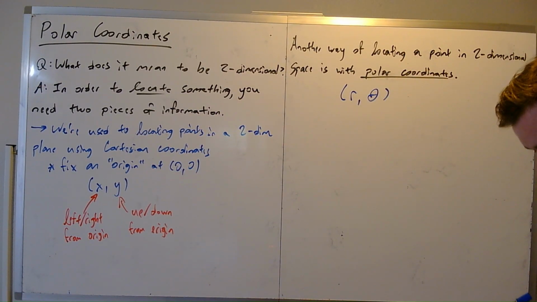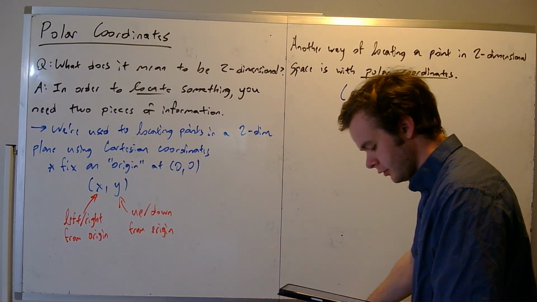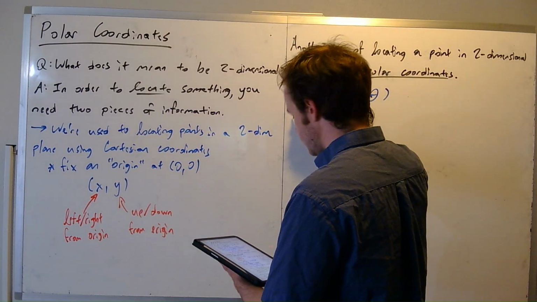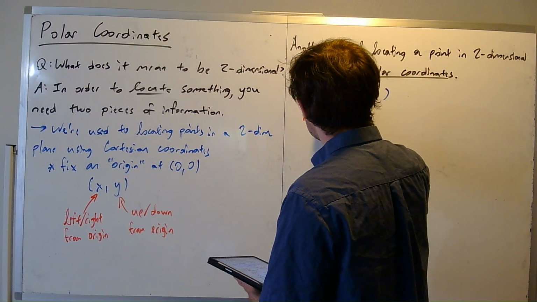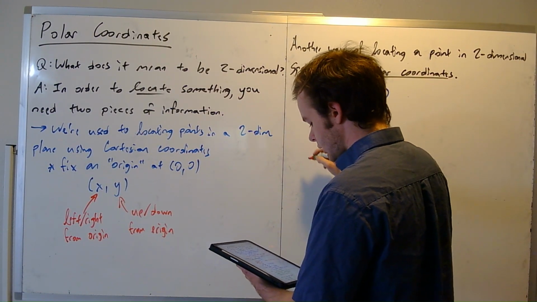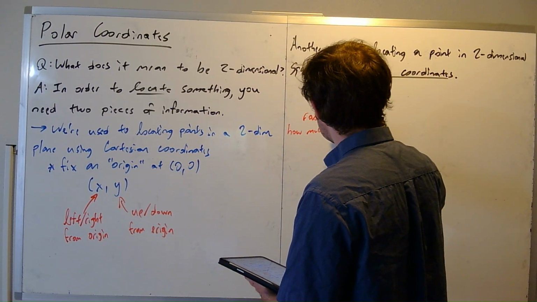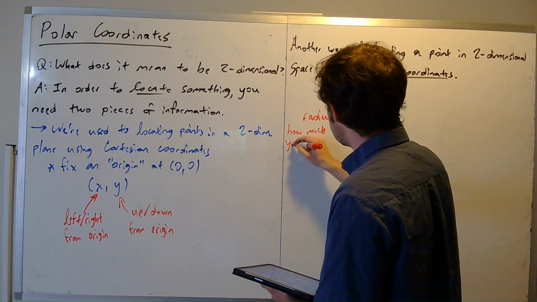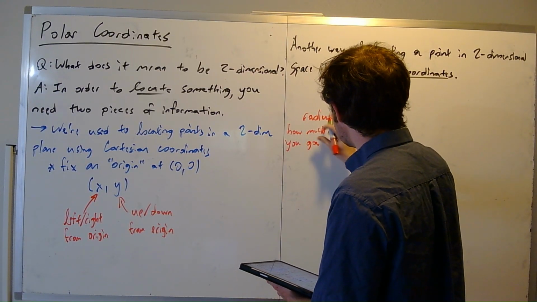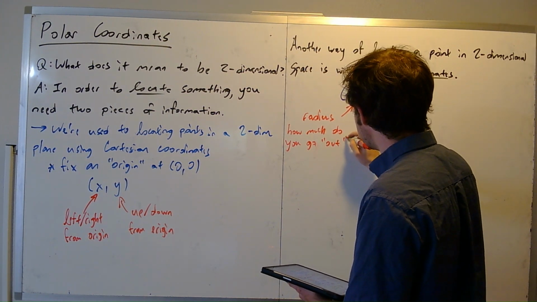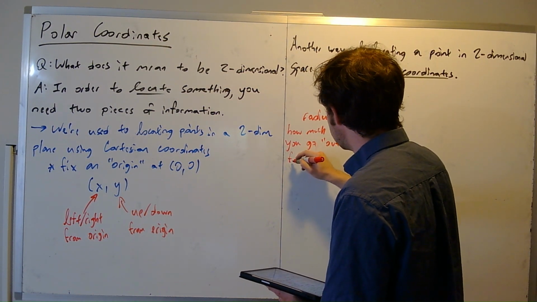So r is going to be our radius, meaning how much do you go out from the origin.